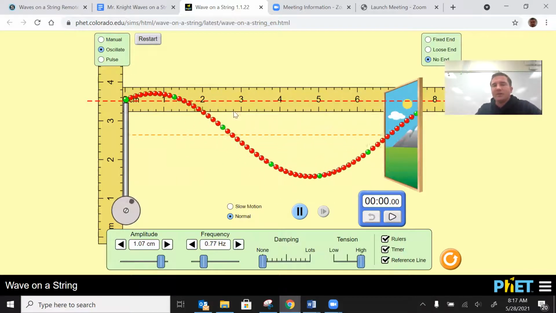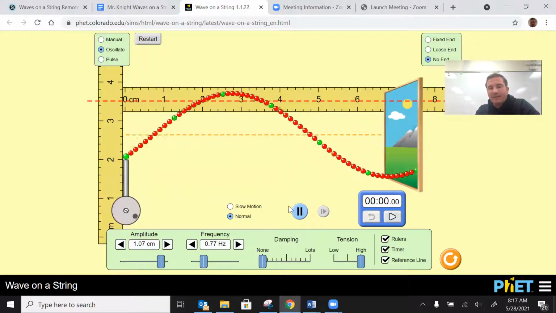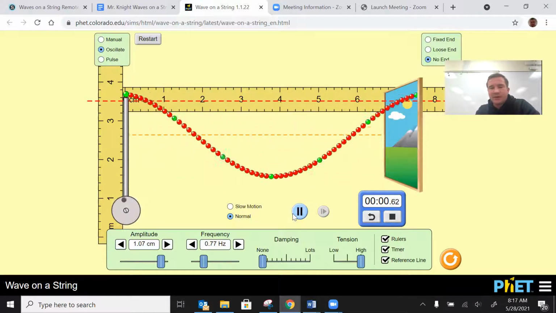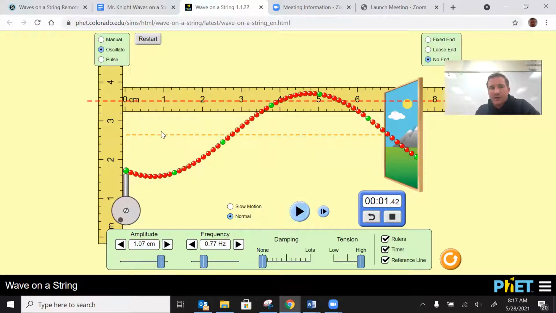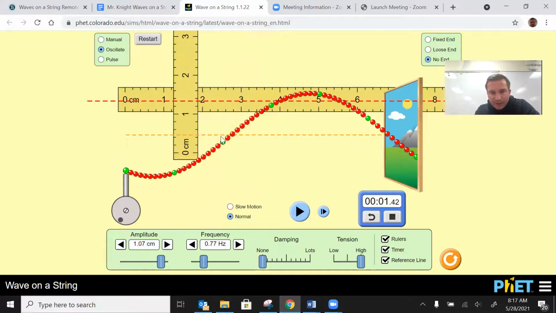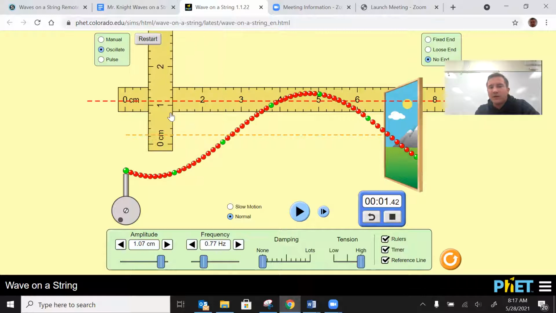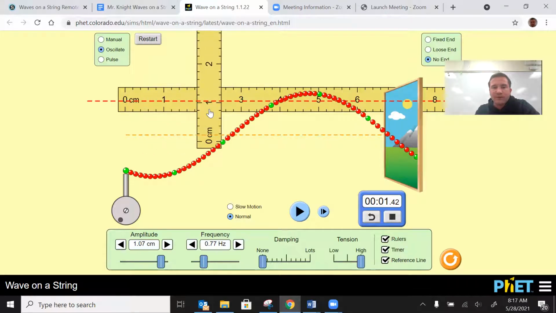All right, and then we want to measure a little green ball with respect to time. So I can press play and pause it, right? And we're measuring height. So here's my height ruler. We are measuring from this orange line right here. So depending on what green ball you choose, right? I'm going to choose this green ball right here.